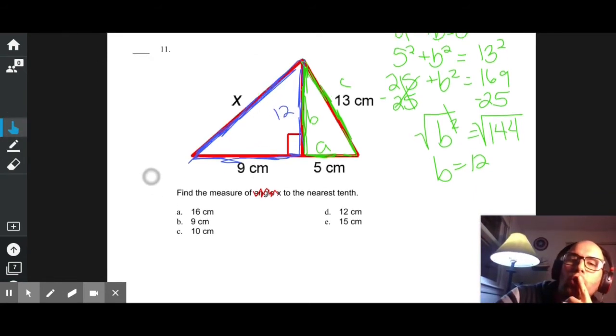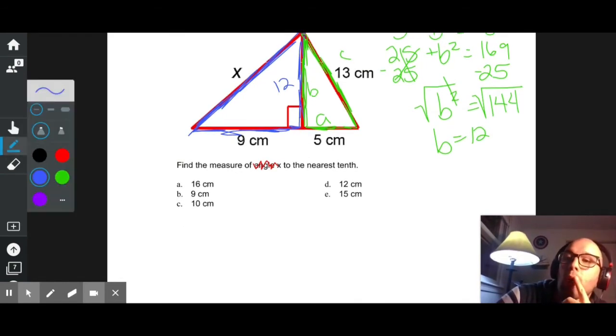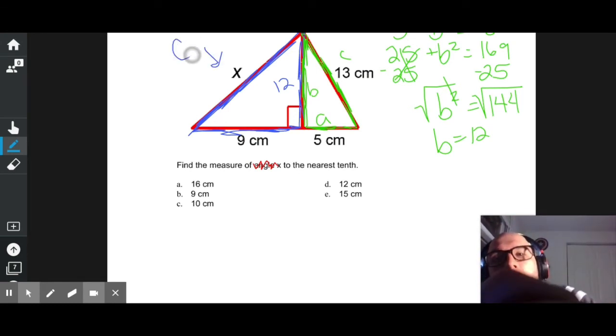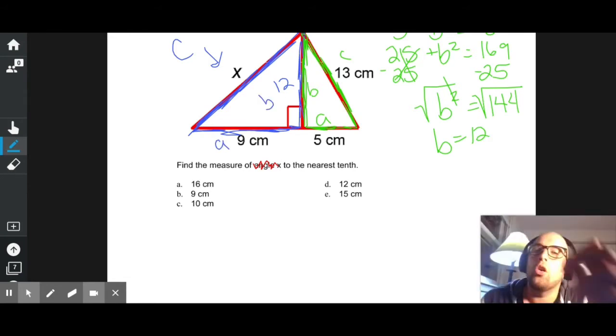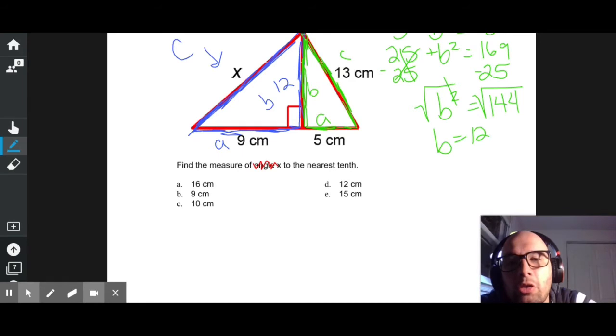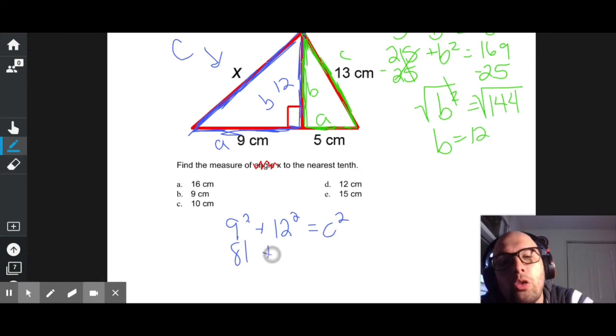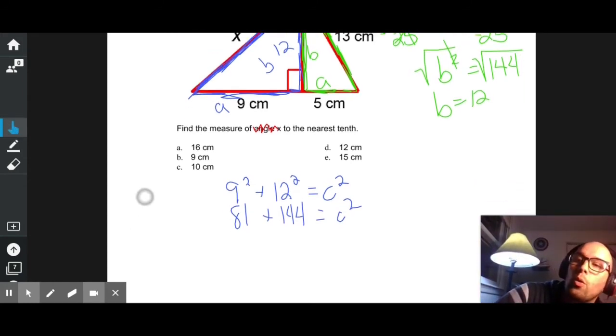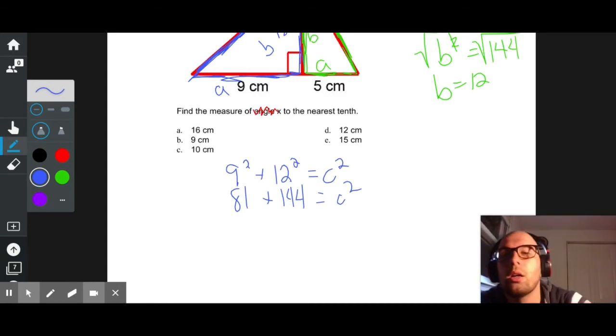And if I know that you are 12, then I now have enough information in this triangle right here to find out that missing side, which I'm going to call C. So I'll call you A, I'll call you B again, and I'll call you C. A squared plus B squared equals C squared is going to be 9 squared plus 12 squared equals C squared. 9 squared is 81. 12 squared is 144 equals C squared. 81 plus 144 is 225.